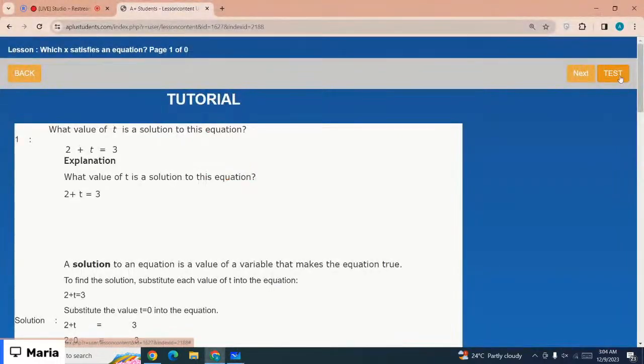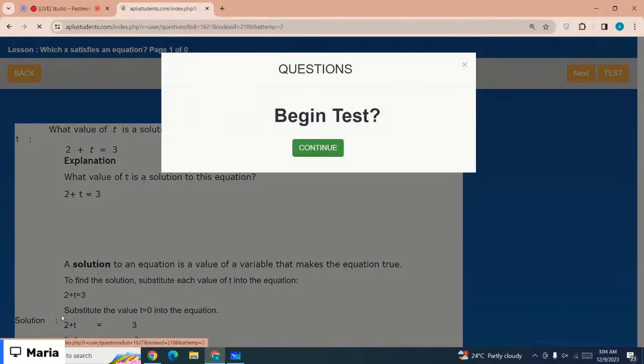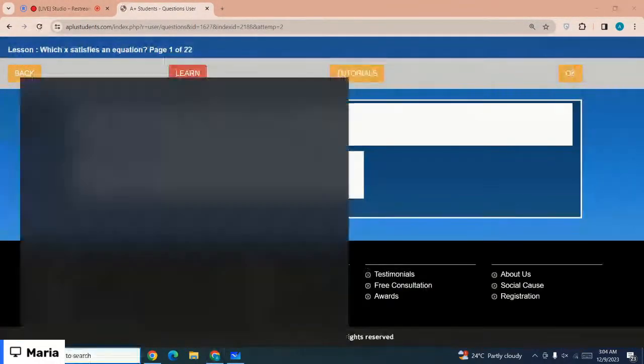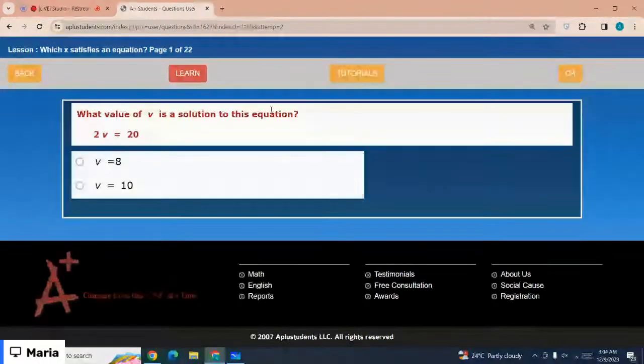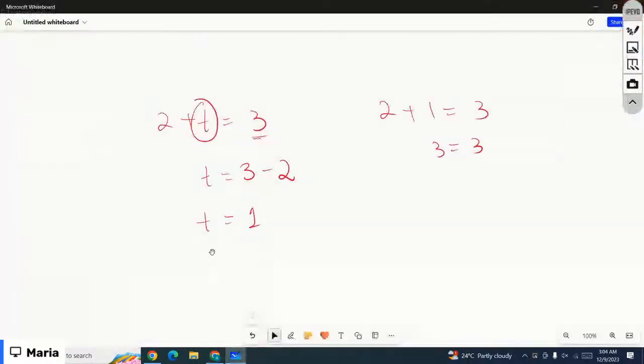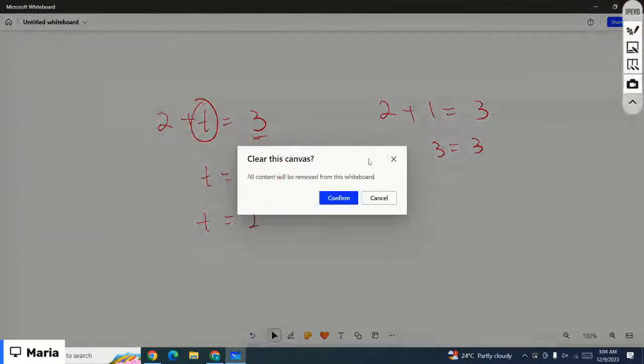Let's start with the practice questions. Which value of v is a solution of the equation? The equation is 2v equals 20, right? You need to calculate the value of v that makes the equation true.